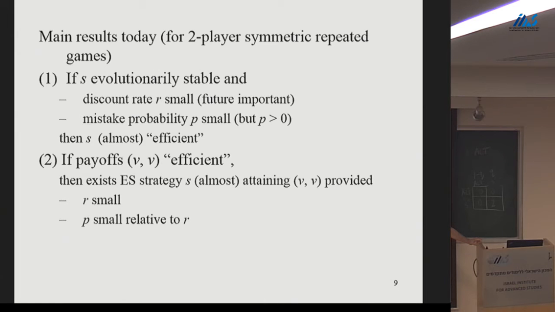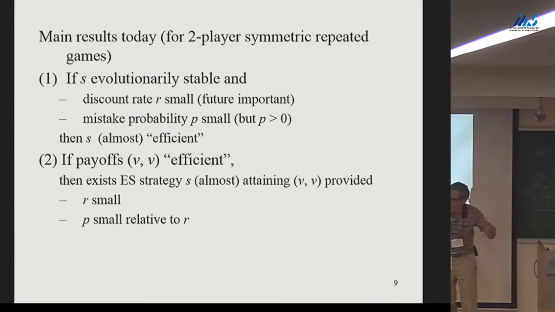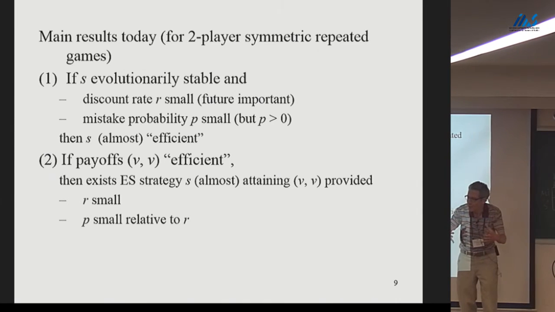So P was infinitesimal, and the idea was that in order for a strategy to invade, it had to do just as well as the dominant population when there were no mistakes.